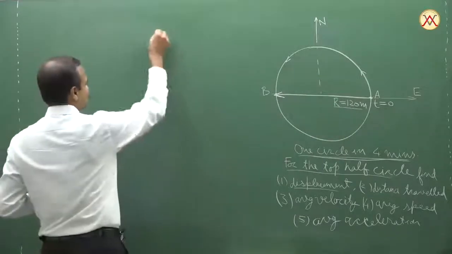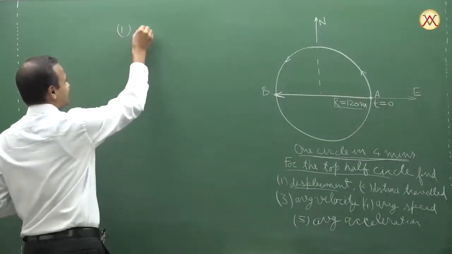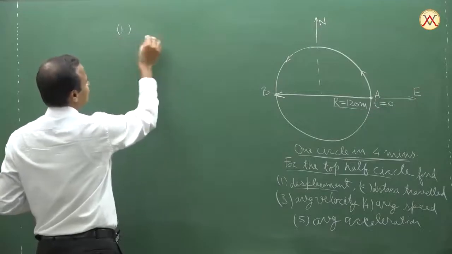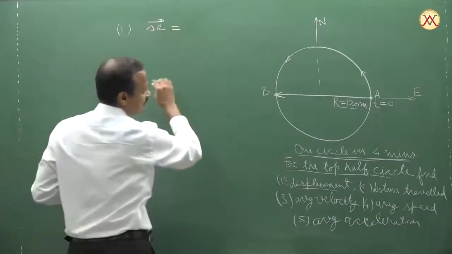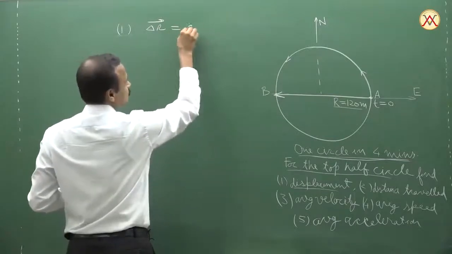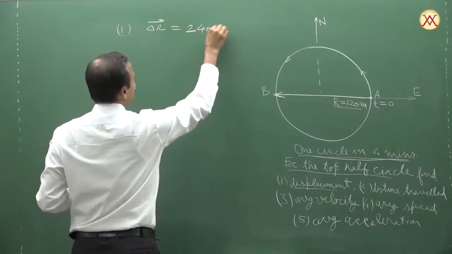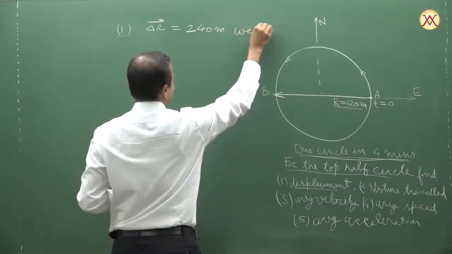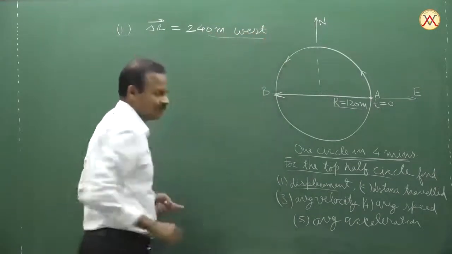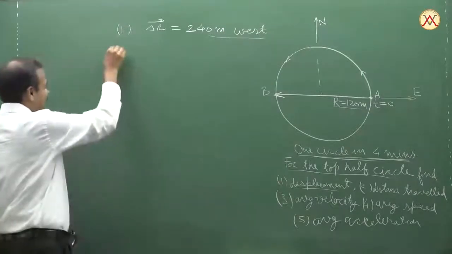So the answer to part 1 is the displacement vector delta r is 240 meters west.